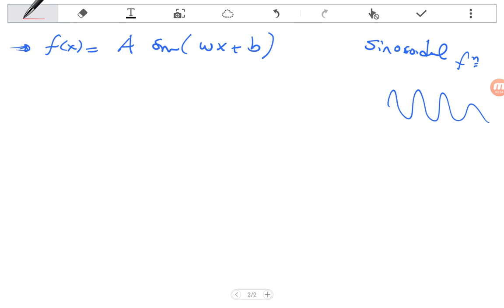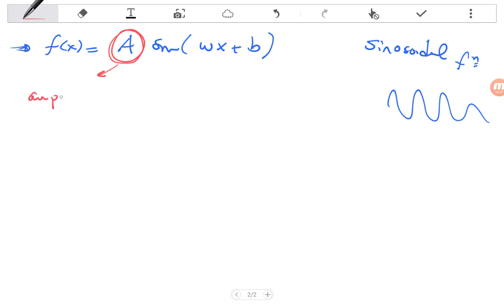We will give some terminology for the parameters we have for this function. For example, that is called the amplitude of the function. What is the amplitude? No, this is not exactly the amplitude, but the absolute value of that number is the amplitude. Okay?